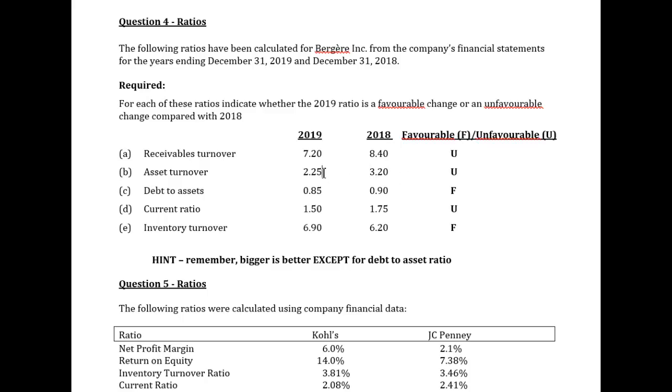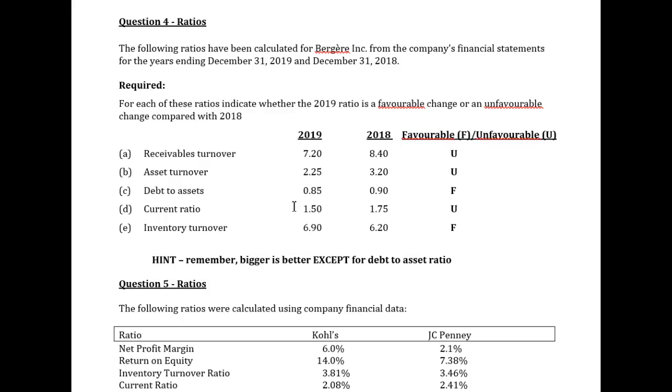Now we're only generating 2.25 times the amount of revenue for the average assets we have. So that's lower. We're not generating as much sales revenue this year as we were last year from our average total assets. So that's unfavorable. And don't forget, hint, bigger is better except for that debt to asset ratio.